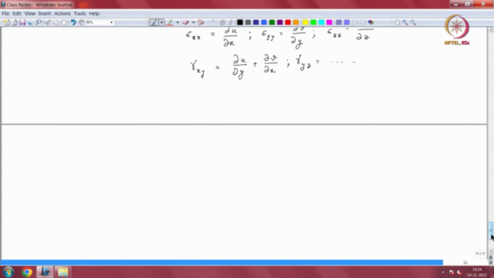So, now these are also called the strain displacement relationships. And in matrix form, when we write this down, we usually would say Eij in 2 dimensions.